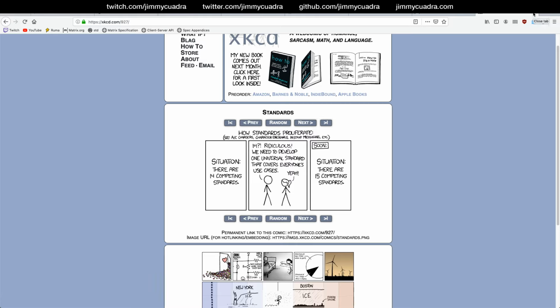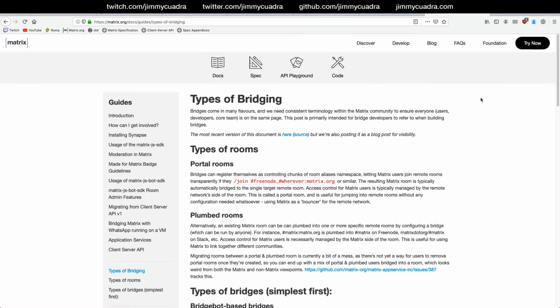People bring this up a lot when they first learn about what Matrix is, saying, oh, they're just trying to pull the standards problem on all of the existing things that already tried to do this. Like, why not just use XMPP? Why not use Telegram? Why not use Slack? Why not use Mattermost? Use one of these other things that already exists. You're just adding more.